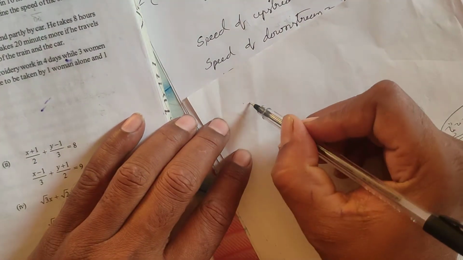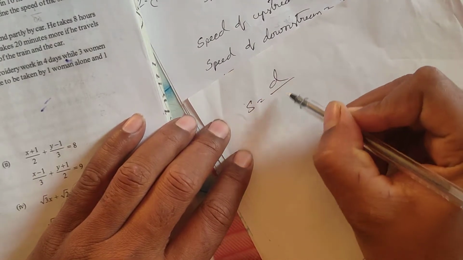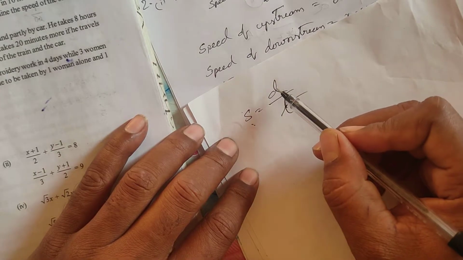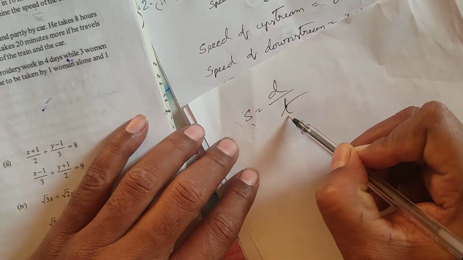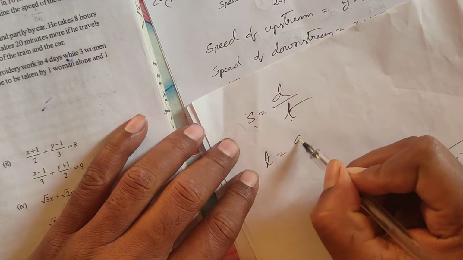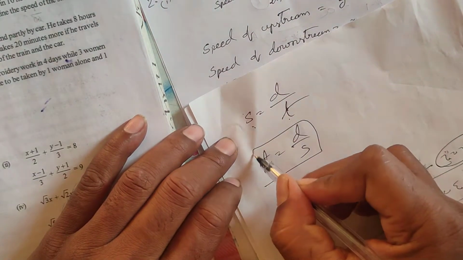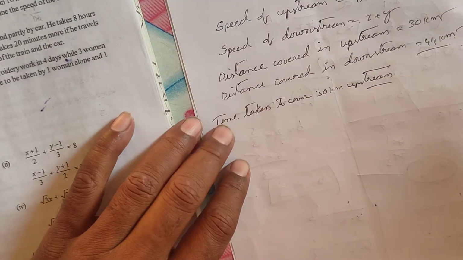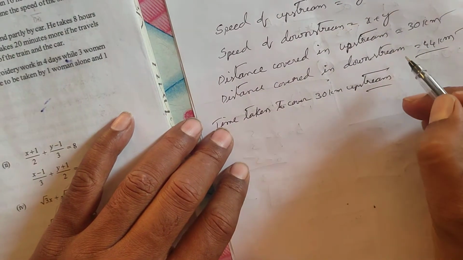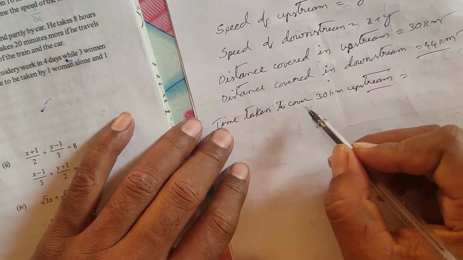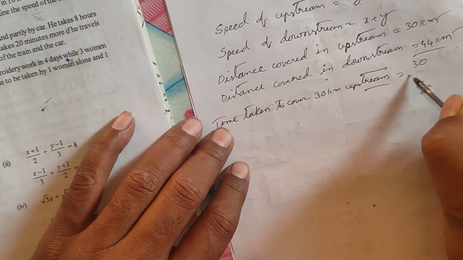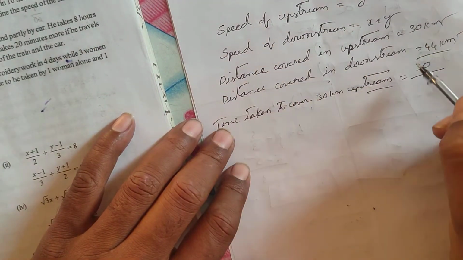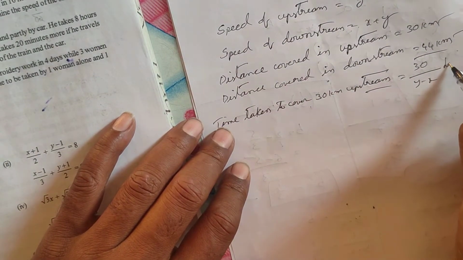Speed is equal to distance by time. So time is equal to distance by speed. Now you are finding time, so you should write the distance. Distance is 30 kilometers and speed of upstream is y minus x hours.